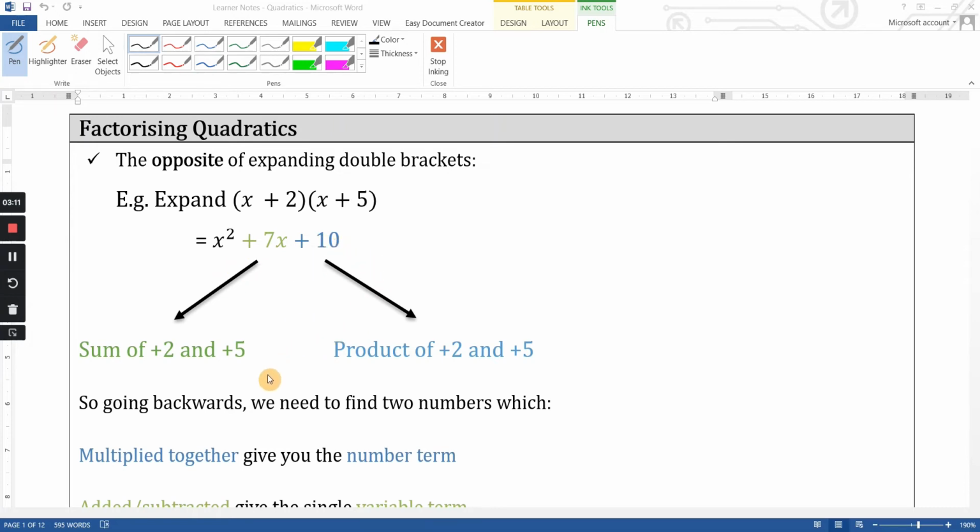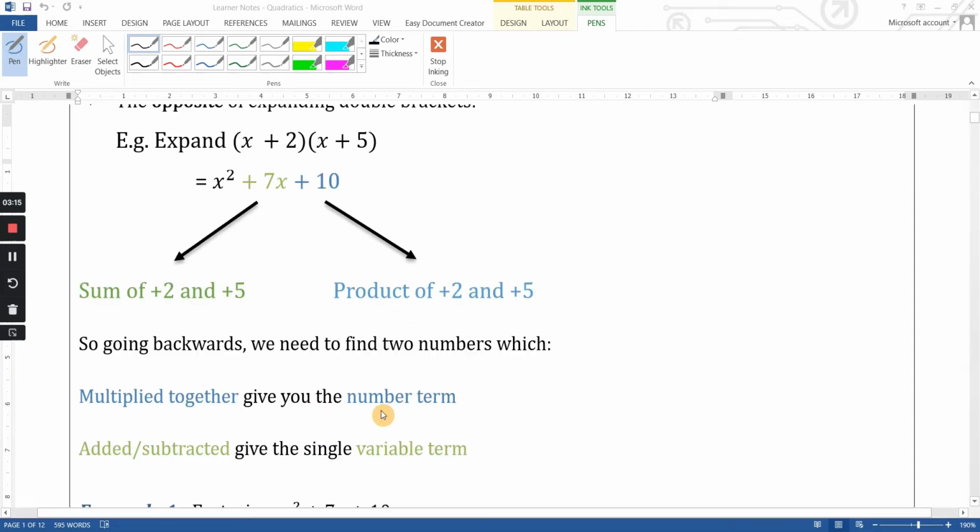So you'll notice when you're working backwards, you need to find 2 numbers which multiplied together give you the number term. So the 2 and the 5, they multiply to give you the positive 10, and added or subtracted together to give you the variable term. So again, you'll need 2x plus 5x to give you the 7x.